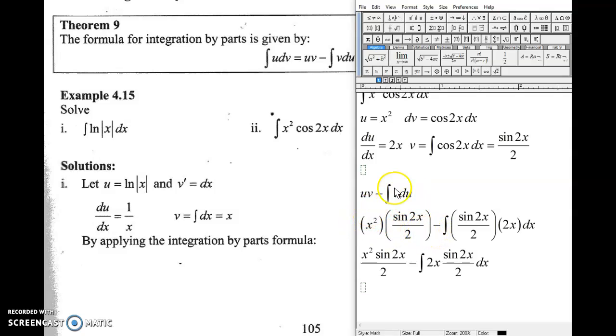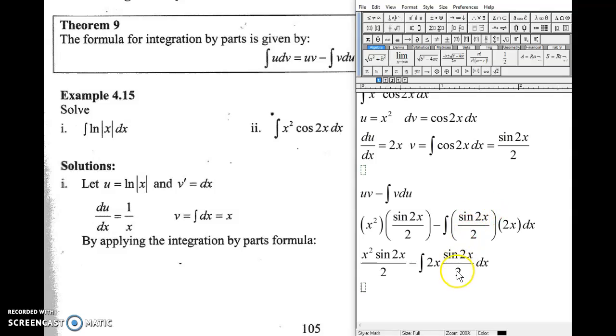Alright, so up to this point we have substituted uv and v du. As you can see, u is x squared, v is sin x over 2, minus v du. Again, v is sin x over 2 and du is 2x dx. Okay, so we are able to simplify this into this, but look at this one.